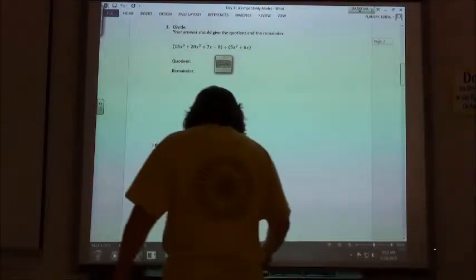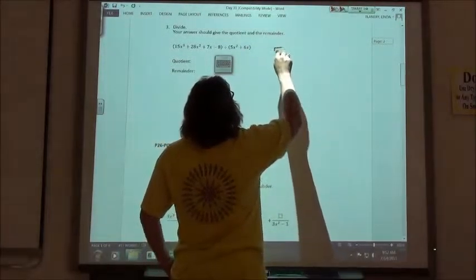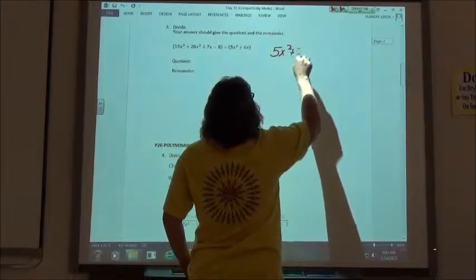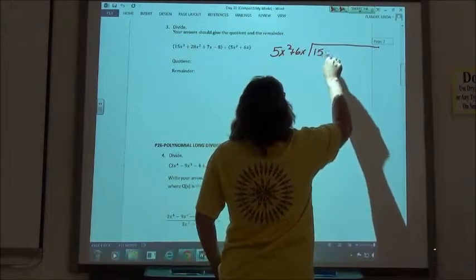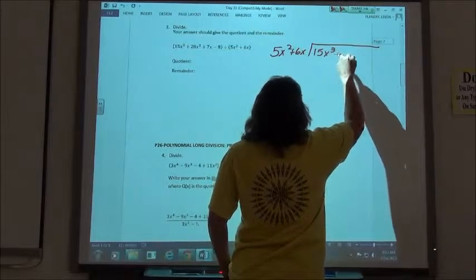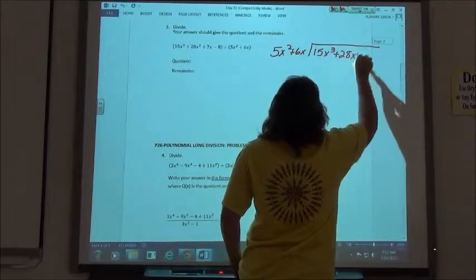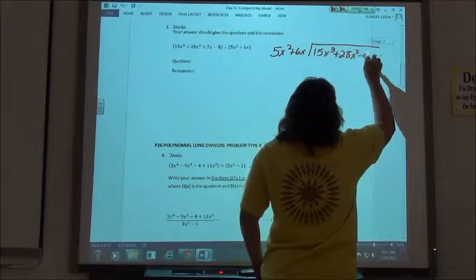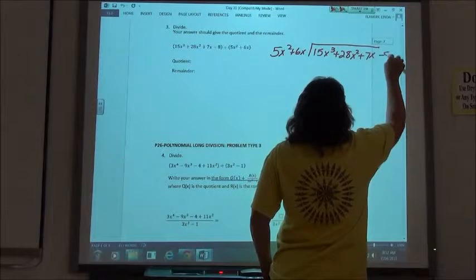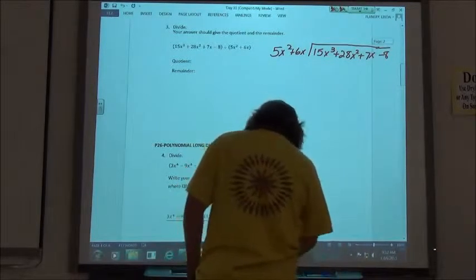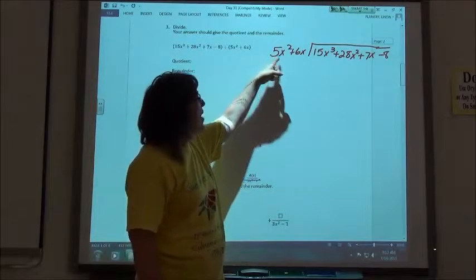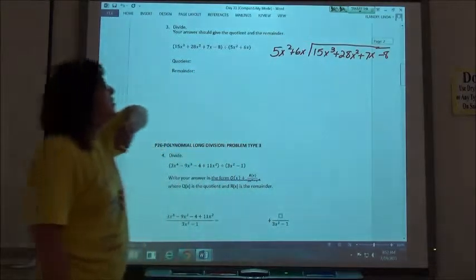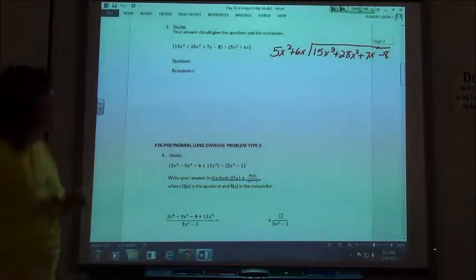Third one there. We are going to take 5x squared plus 6x and divide it into 15x to the third plus 28x squared plus 7x minus 8. So what times 5x squared would give you 15x to the third? 3x.